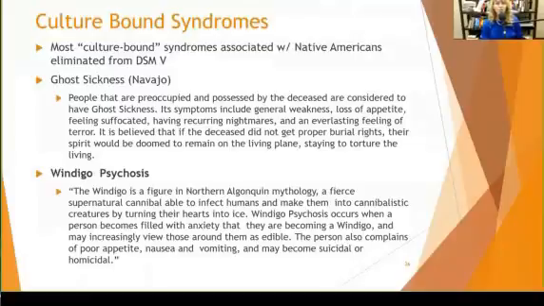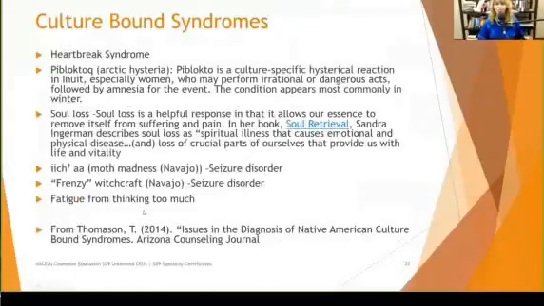The person also complains of poor appetite, nausea, and vomiting, and may become suicidal or homicidal. So obviously there are some psychotic features in there, but the root of them, you want to think in terms of bridging that gap. They believe it's the supernatural cannibal that is causing the psychotic issues.